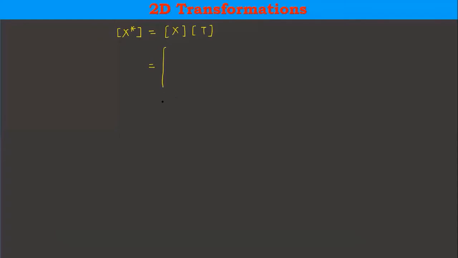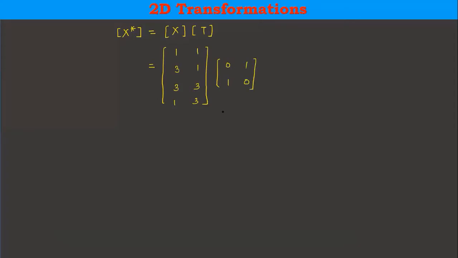The matrix X is 1, 1, then 3, 1, 3, 3, and then 1, 3. So this is our matrix X, and then the transformation matrix T. T is equal to what? It is a reflection through the line y is equal to x, which is 0, 1, 1, 0.